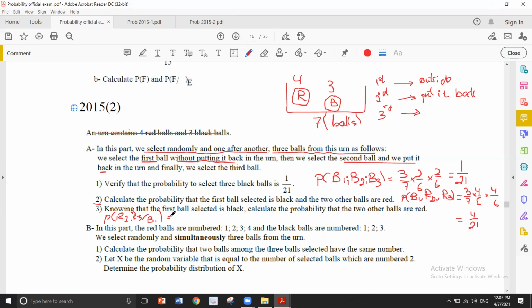Knowing that the first ball is black, we took a black ball, so 6 balls remain in the urn.